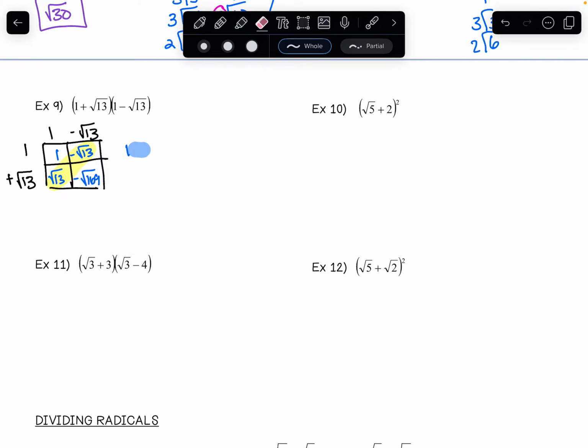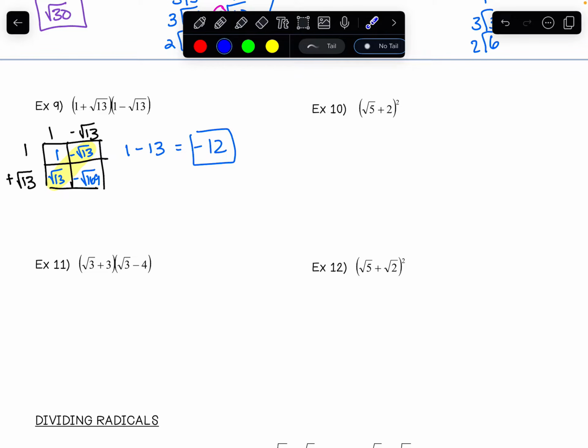Minus, oops, let me get my pen back here. What's the square root of 169? 13. Well, I have like terms. What's 1 minus 13? Negative 12.